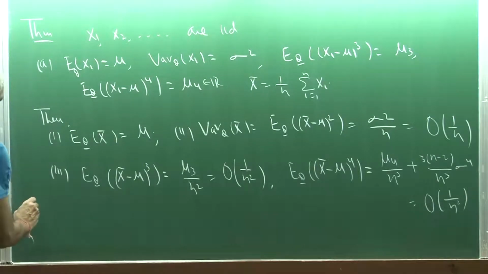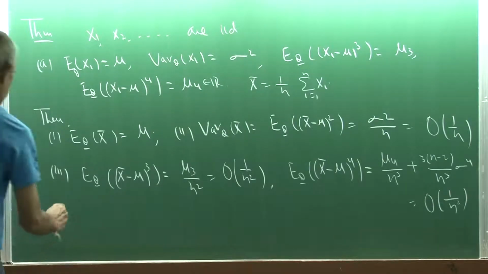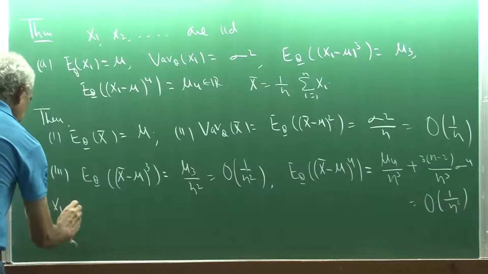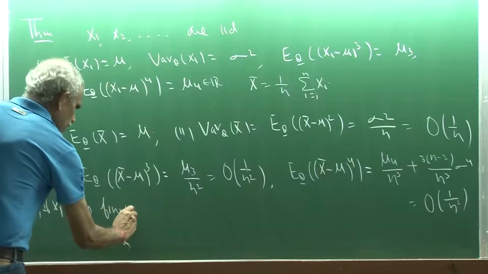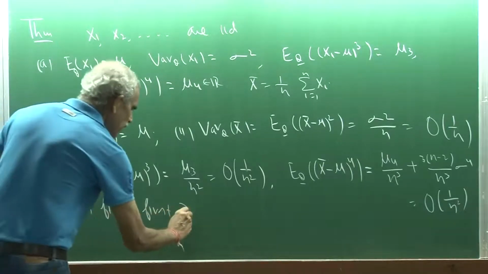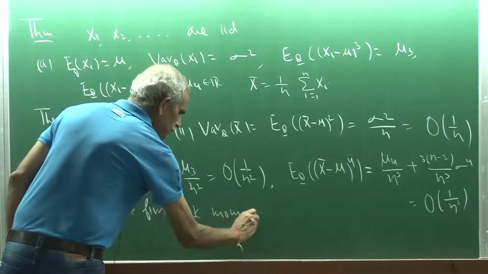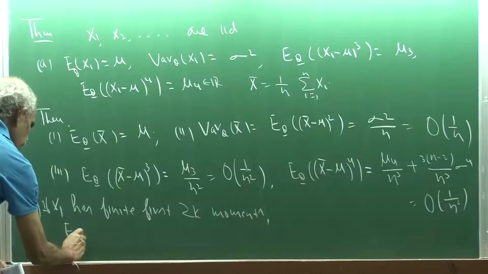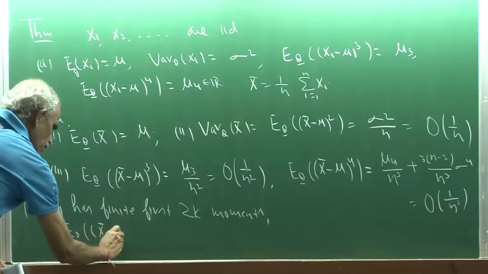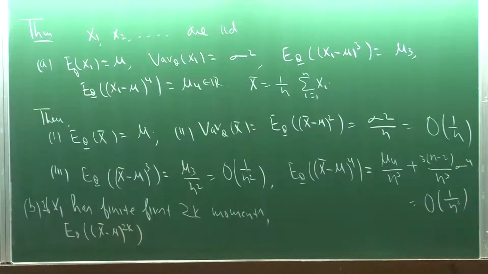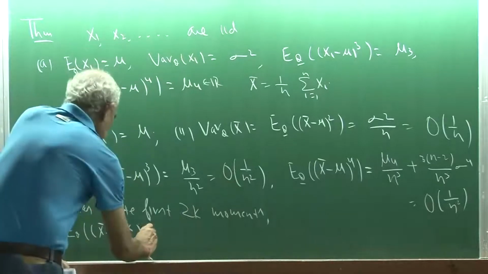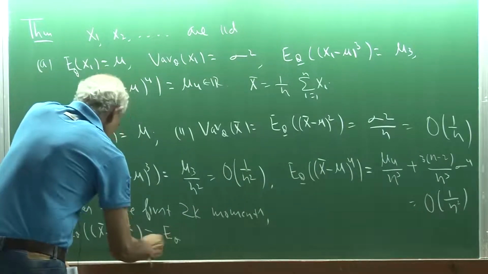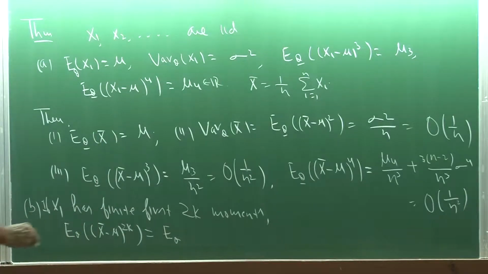So in general, one can see that if X1 has finite first 2k moments, the way here X has finite 4 moments, so k was 2 over here, then the expected value of (X bar minus mu) whole to power 2k, so here 4, its order, actually the expression would not be the same, but their orders would be the same.